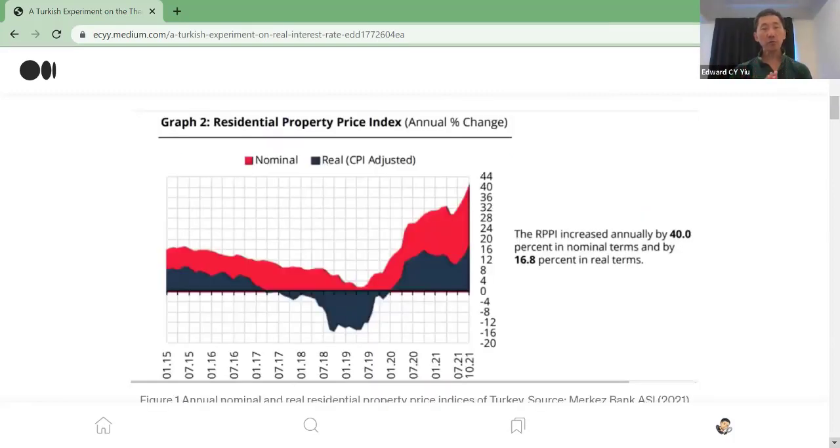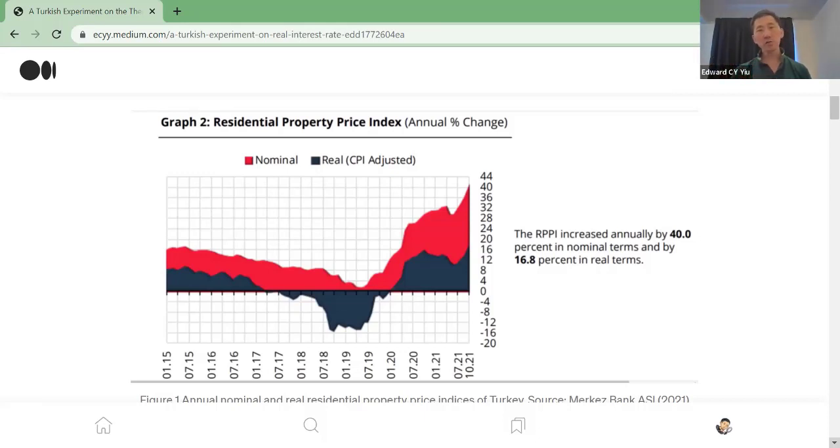So let me show you the residential property price index of Turkey in the past 7 years here. Indeed, many countries have a similar pattern of housing price rise after the outbreak of the pandemic, but not to the extent of Turkey's.